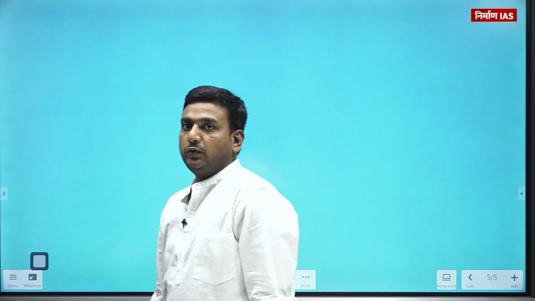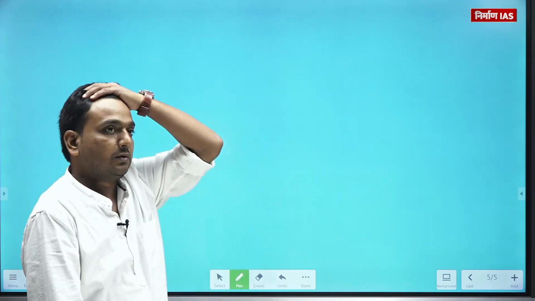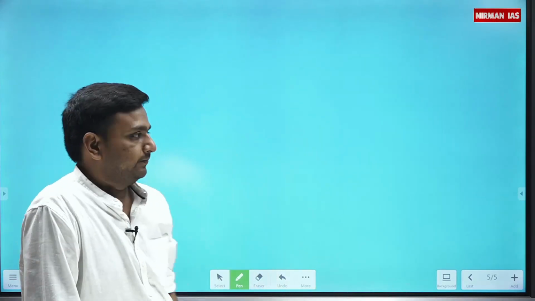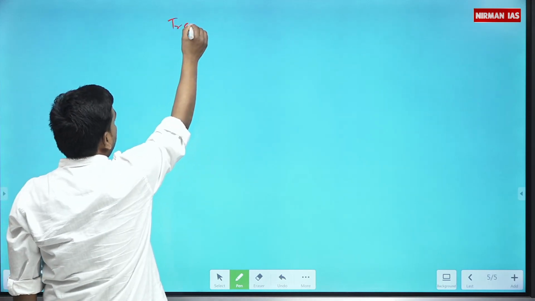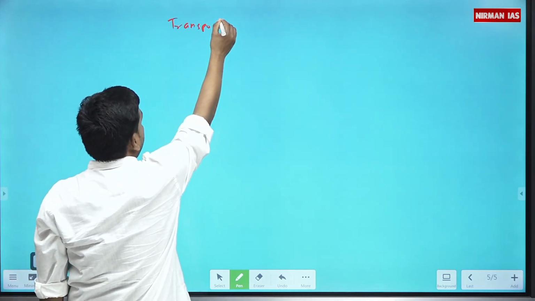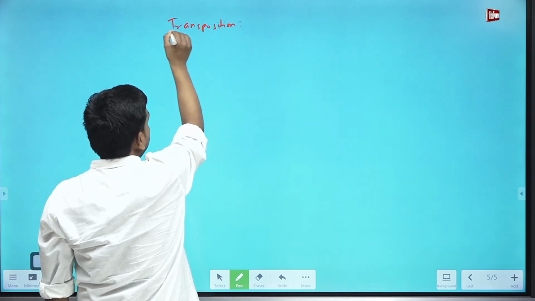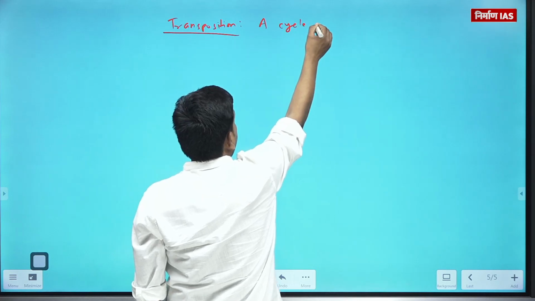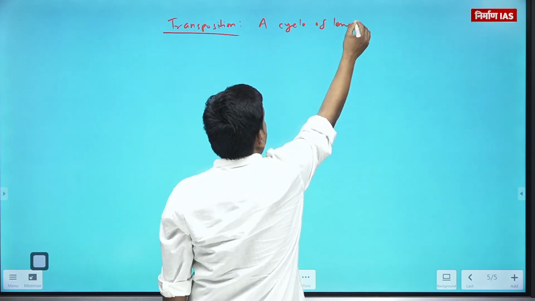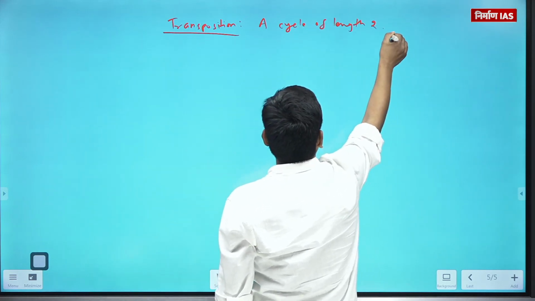So why have I told you the cyclic decomposition? Because this has huge importance in this topic. I will have a term here, transposition. In simple words, a cycle of length 2.